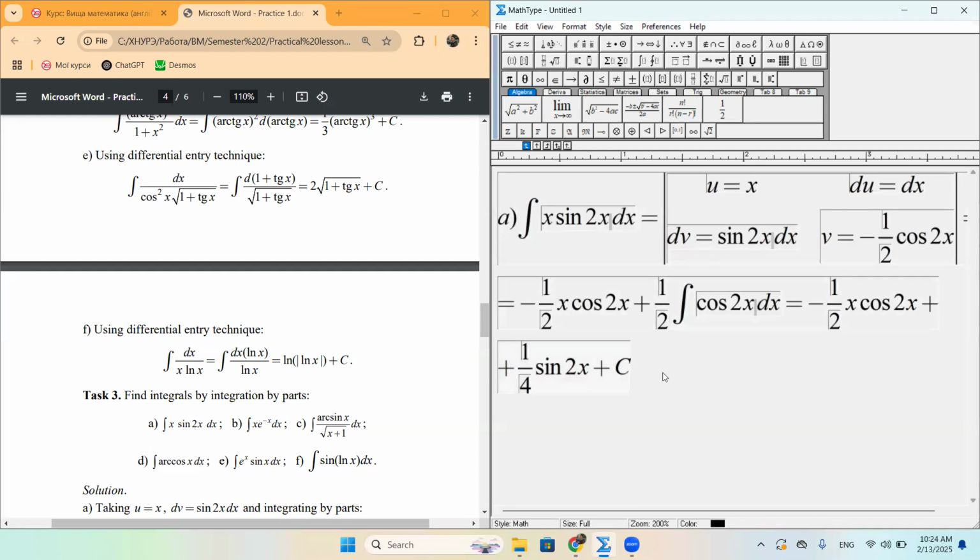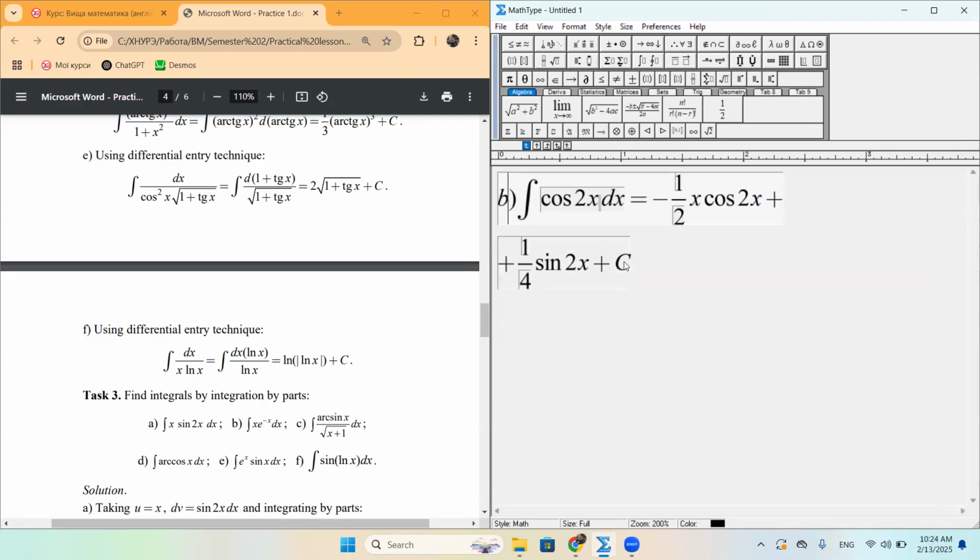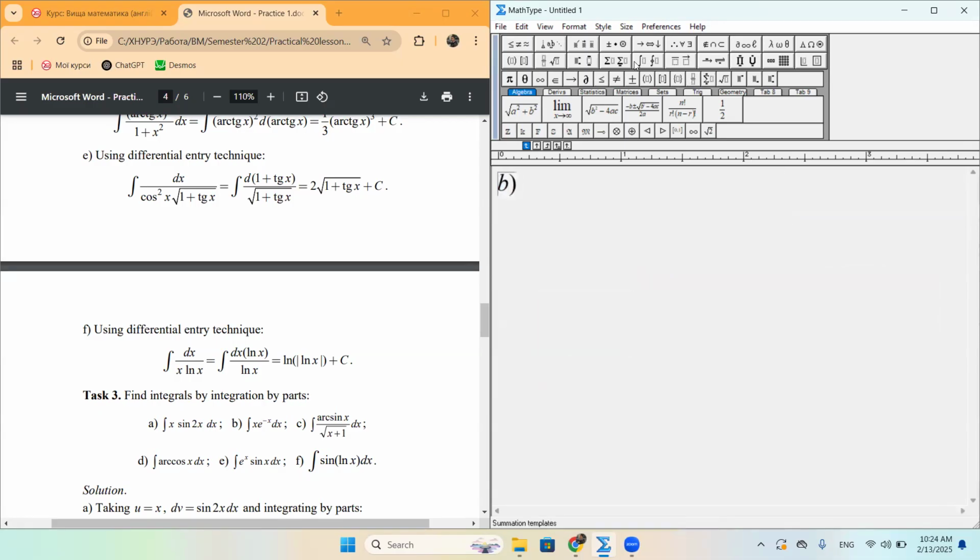So let's move next to part B. By the way, let's make it a little bit more complicated, so more interesting.